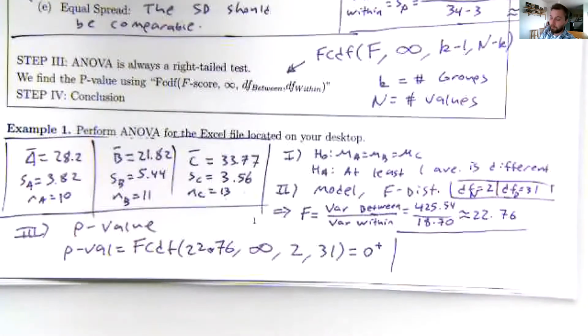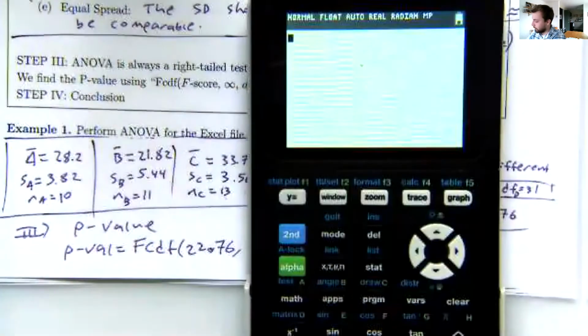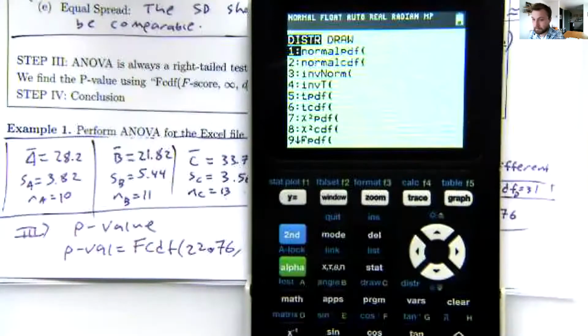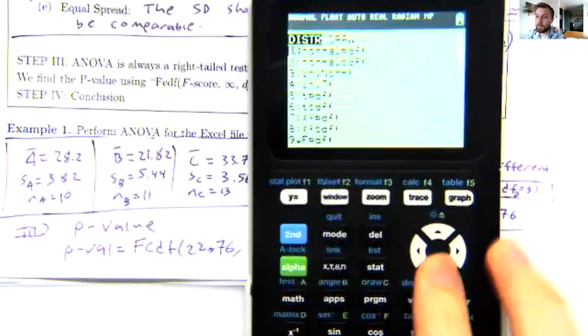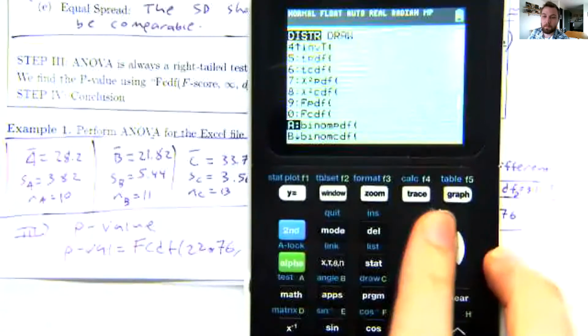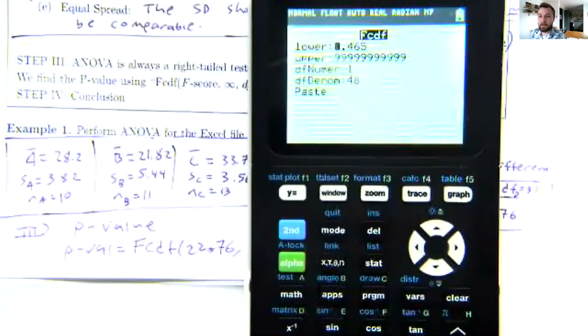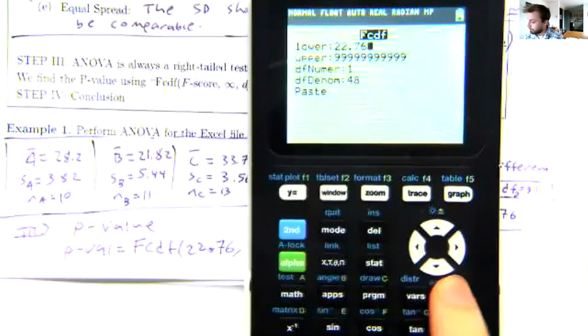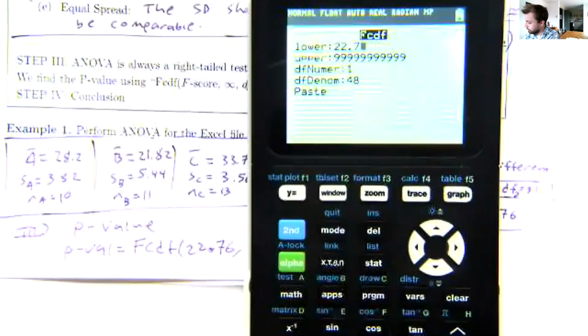I'm going to show you how I got that p-value using my calculator again. So I went into second vars, or I'm going into the StatList editor and I'm choosing F5 for distribution. I choose fcdf. My low value, my high value is infinity.